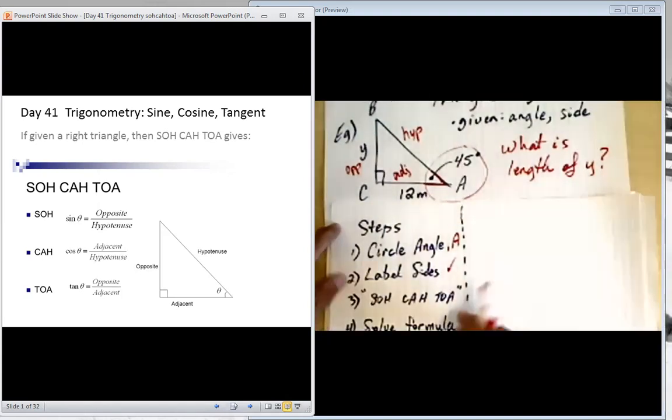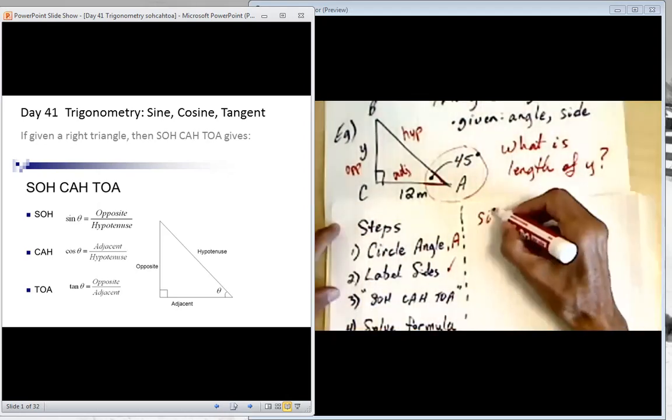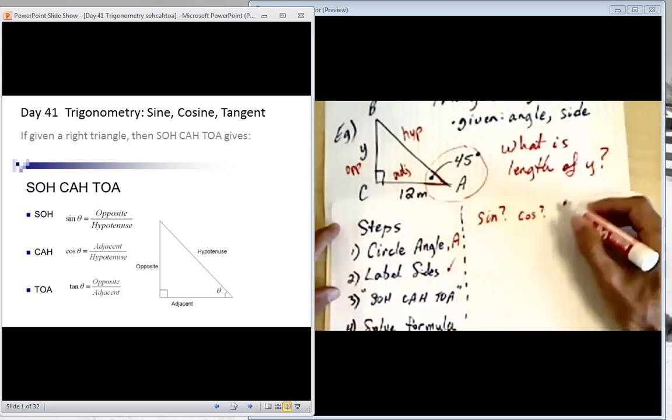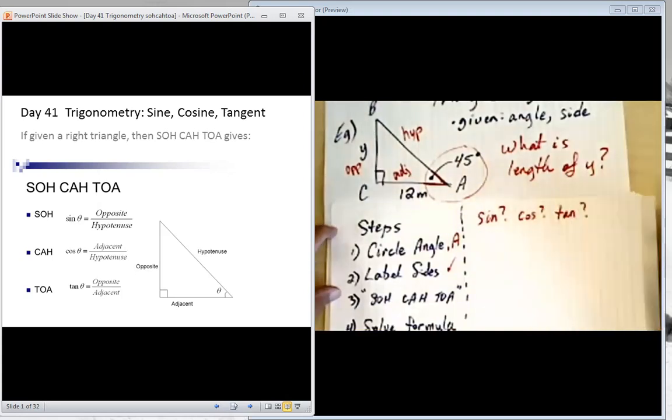Now, this is a little different. What we have to do is decide which trig function to use. Do we use sine, cosine, or tangent? Because in this type of question, they don't give it to you. In the other questions, it said find sine of A, right? So how do we decide?